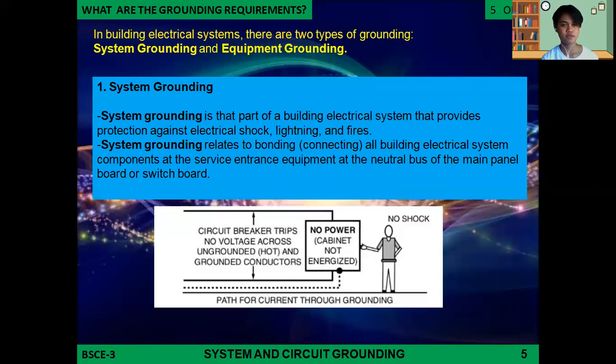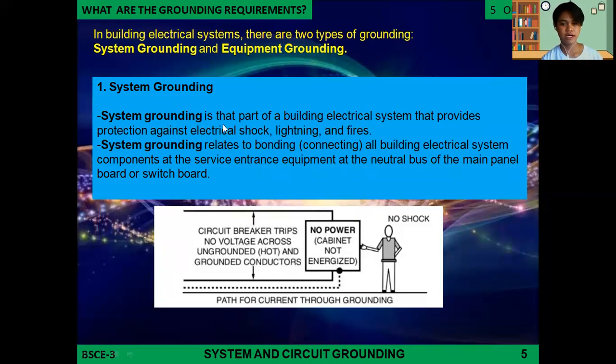Next, what are the grounding requirements? In building electrical systems, there are two types of grounding: the system grounding and the equipment grounding. First is the system grounding.